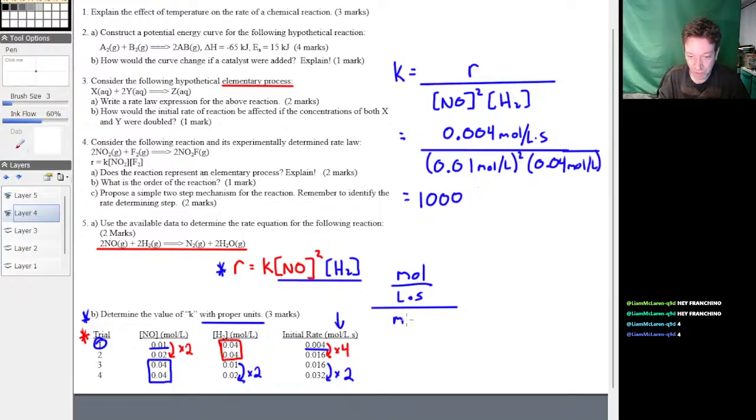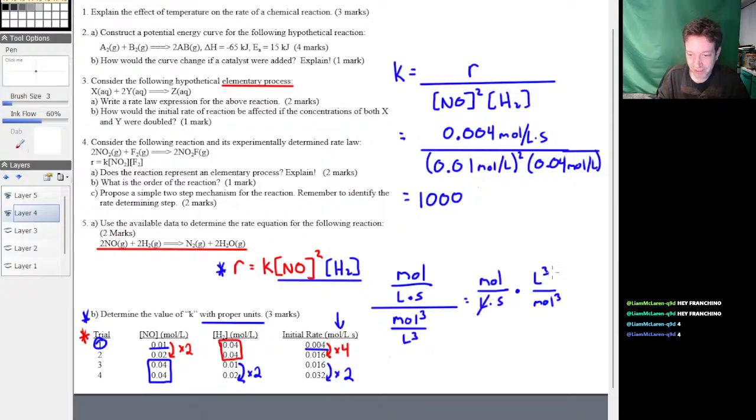So we have moles cubed per liters cubed. I can change that to just moles per liter second and then multiply. Instead of dividing, we'll multiply by the reciprocal of that fraction in the denominator. So liters cubed per moles cubed.